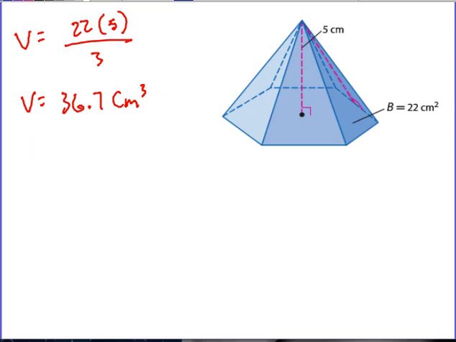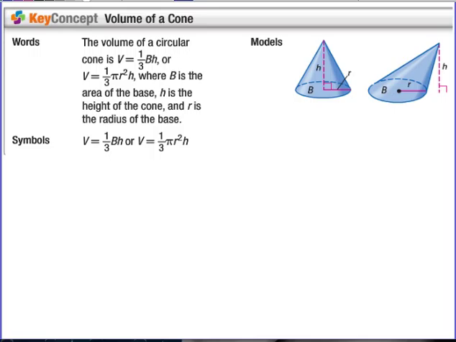All right. So that's the volume of a pyramid, 1/3 the area of the base times the height. Same thing with the volume of a cone, and it doesn't matter, just like with prisms, it didn't matter if we were talking about right prisms or oblique prisms. We're talking here about right cones or oblique cones.